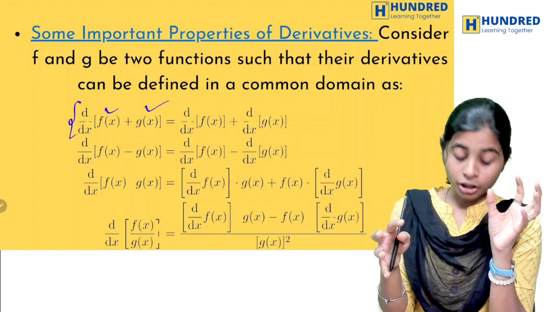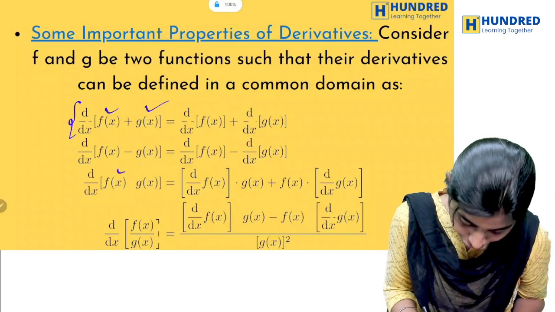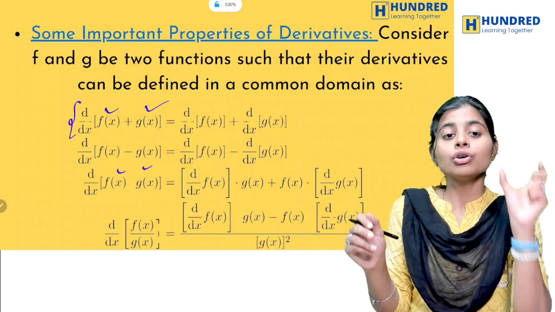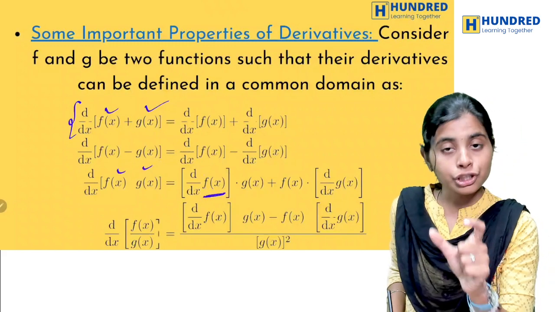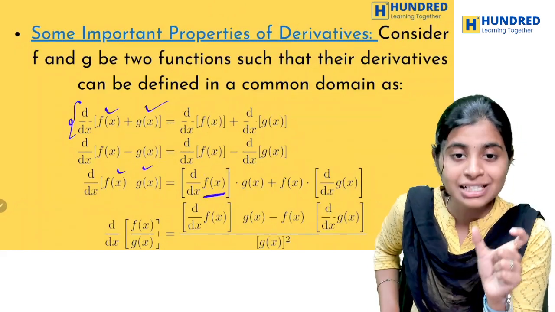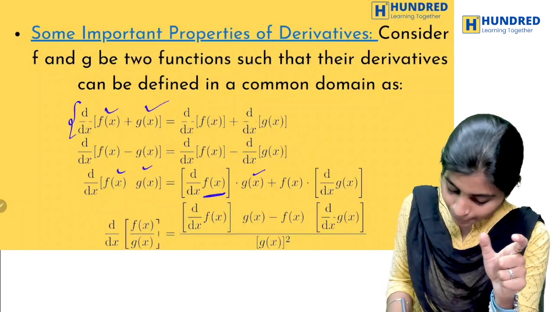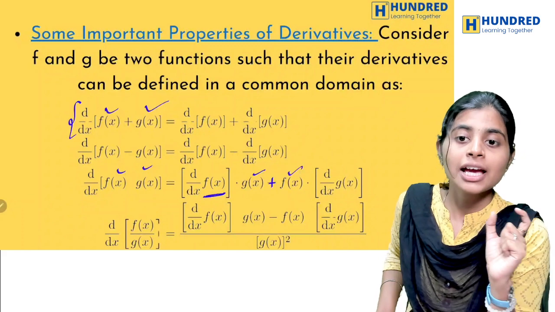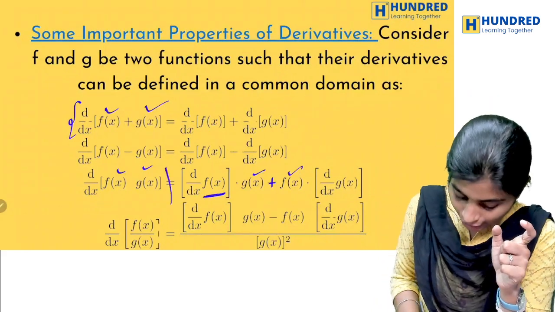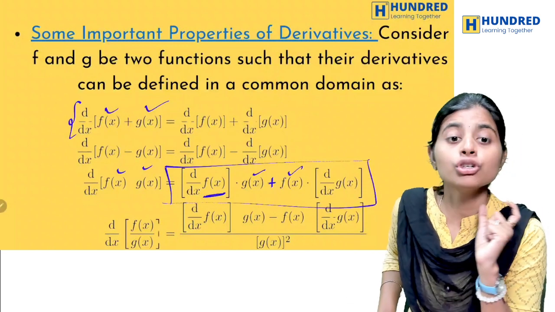But for a product, when the two functions are in a product, we have to find d by dx of f of x, the first function. We have to find the derivative of the first function and keep the second function as it is, then put plus, then keep the first function as it is and derive the second function. So this is the format for the derivative of f of x into g of x.